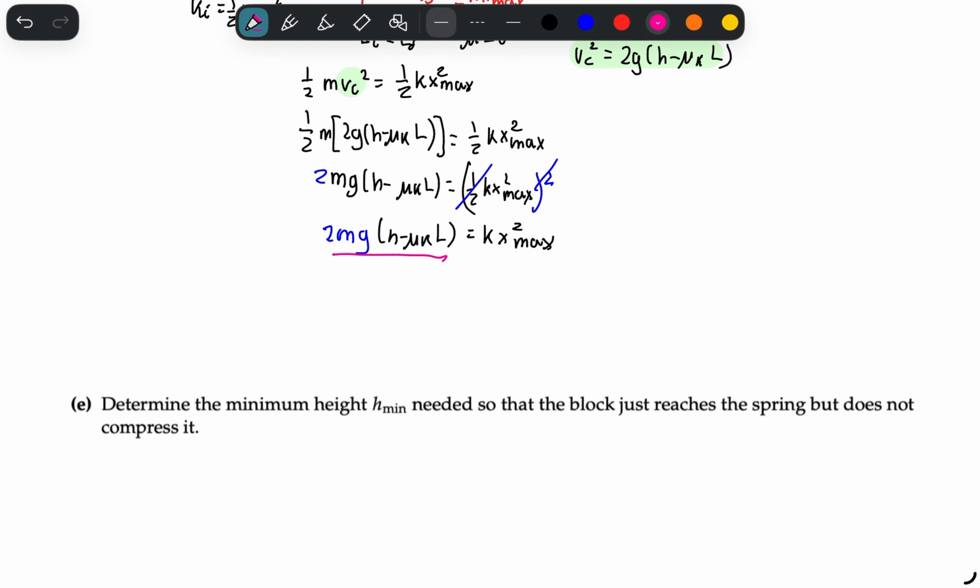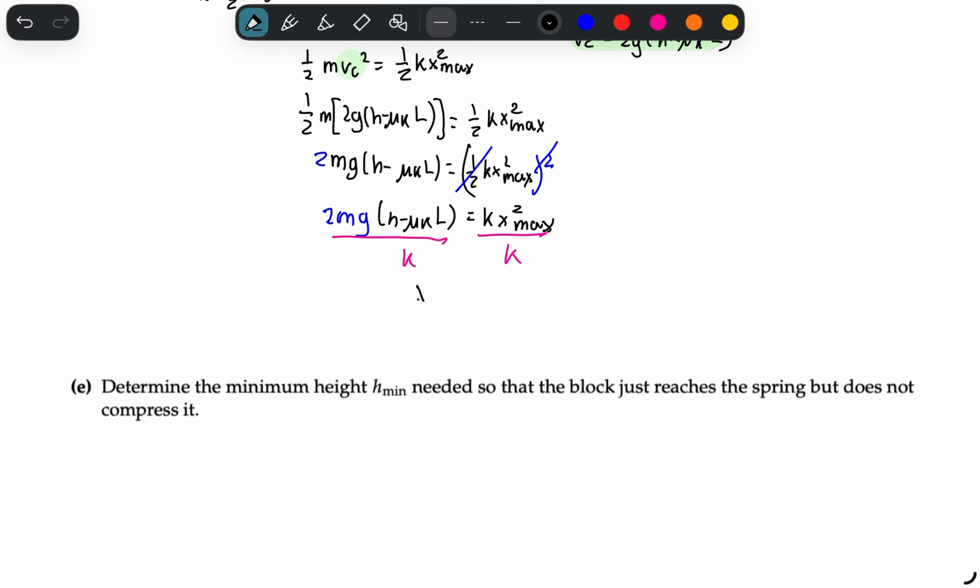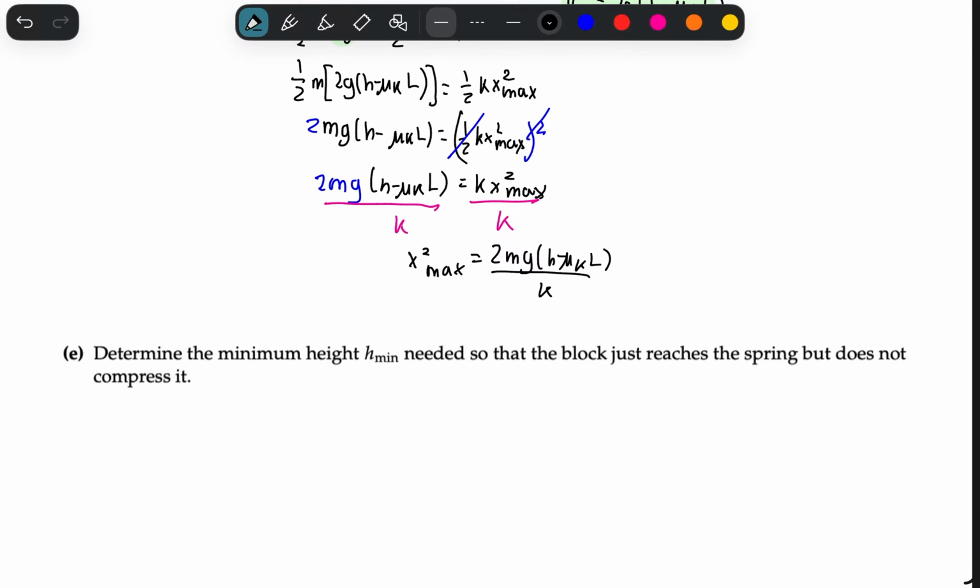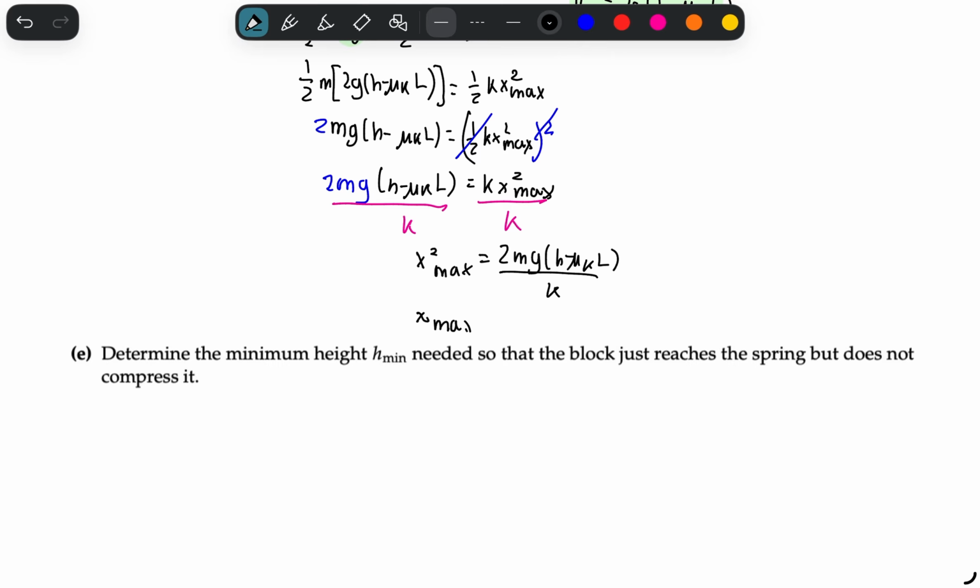After this, you divide both sides by k, and we have x max squared equal to 2mg (h minus mu k L) all divided by k, and then x max is just the square root of that.